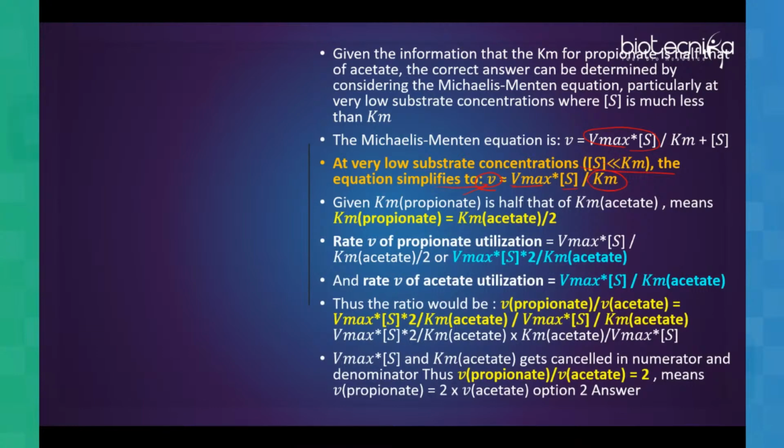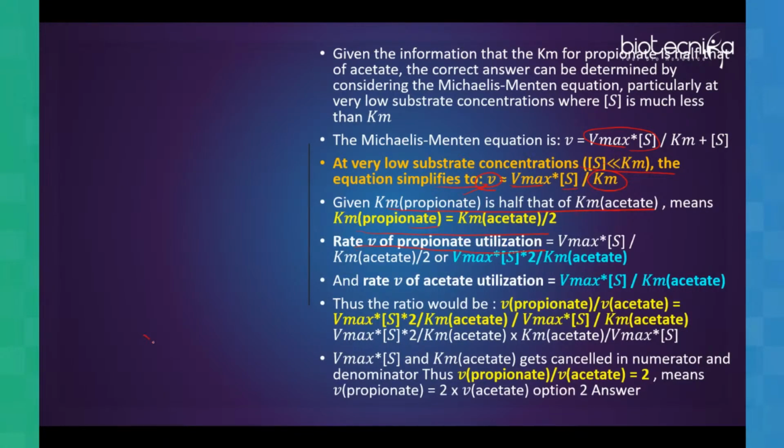Now what it is said is that Km of propionate is half of that of acetate. Propionate Km is half of acetate, which means you can easily bring a formula for this: Km of propionate is equal to Km acetate by 2, because you have one half of acetate. Okay, now you got the Km values, but before that you can find out the rate of propionate utilization.